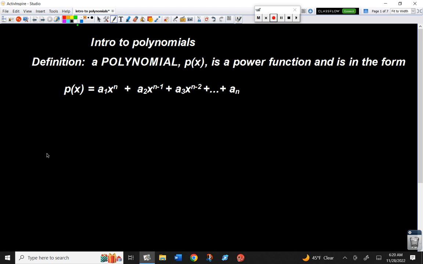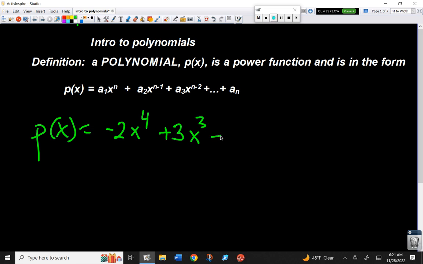Basically, we'll have stuff like, let's see, p of x equals, well, I don't know, negative 2x to the fourth plus 3x to the third plus 8x squared minus 4x to the 1, or you don't have to write it.